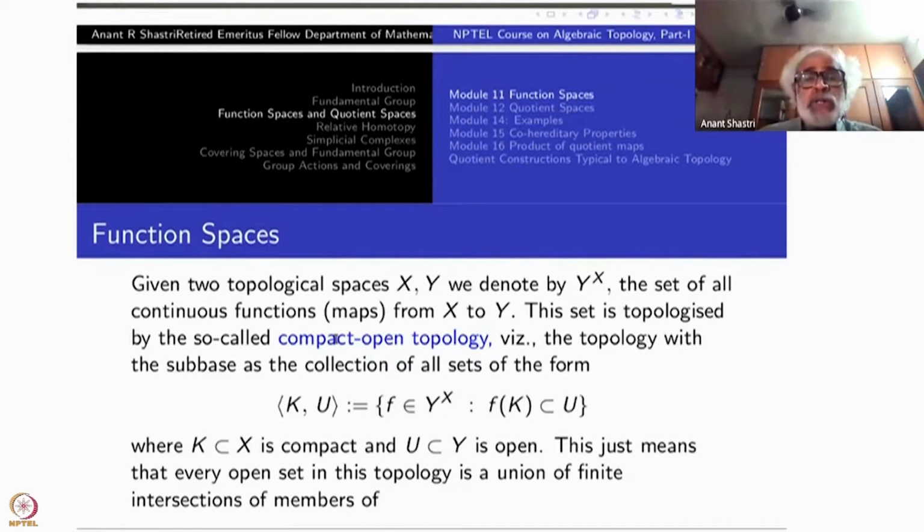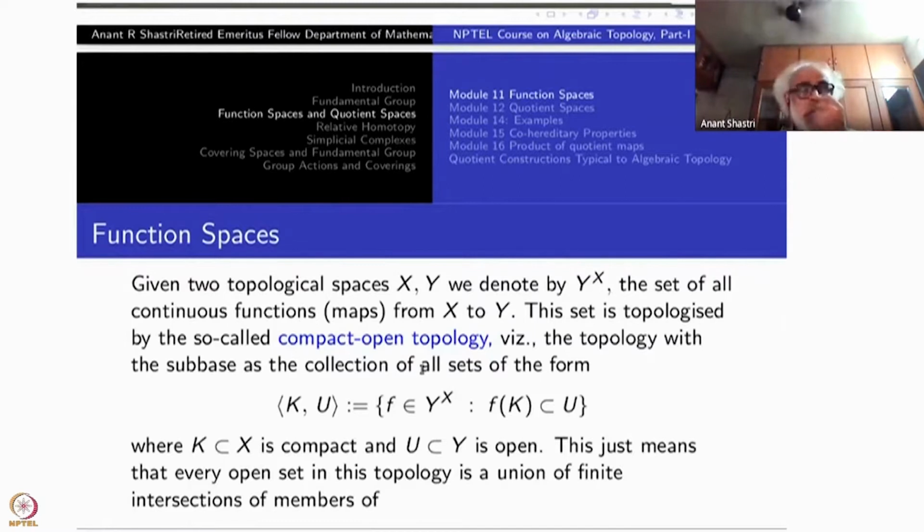So now the topology on this one is called compact open topology. The topology is described by describing a subbase.